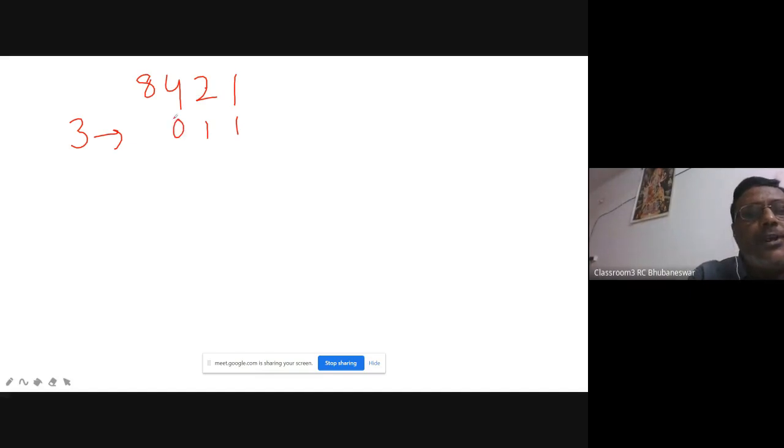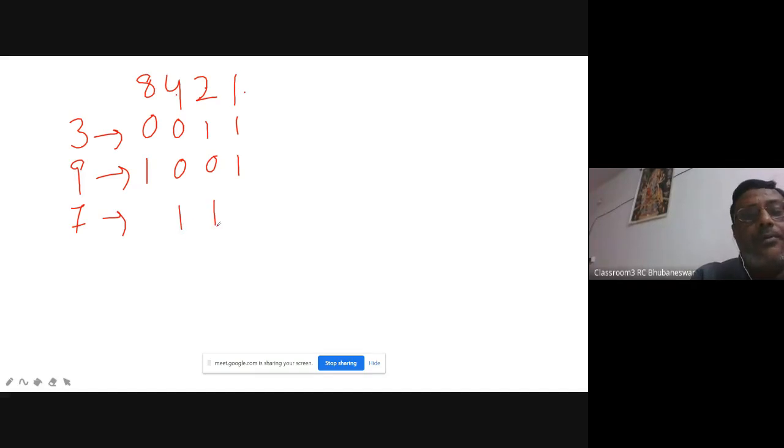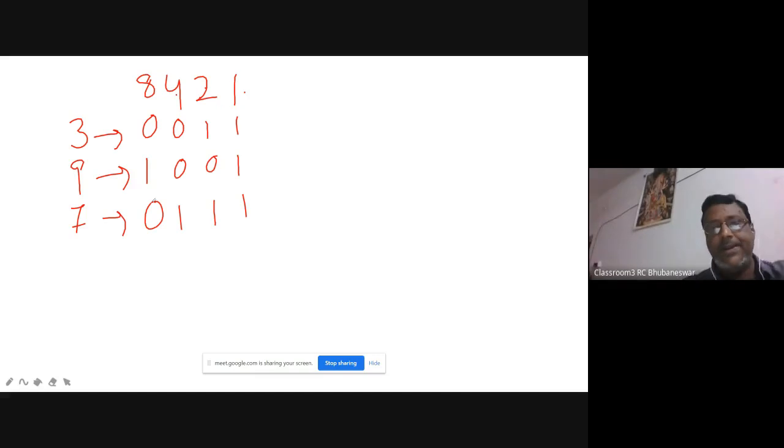The number which is not used, I put as 0. Suppose 9: 8 plus 1 is 9, so 1, 1, and the rest will be 0. Suppose I want to find the value of 7: 4 plus 2 plus 1, so 0, 1, 1, 1. It means that in this code, we are adding the digits to find a specific value.